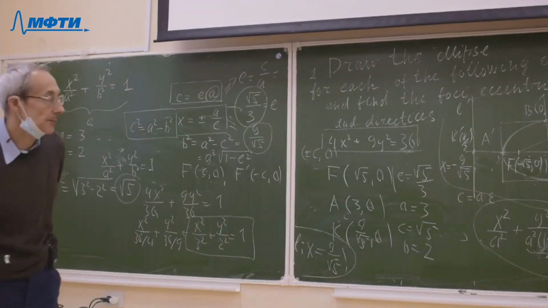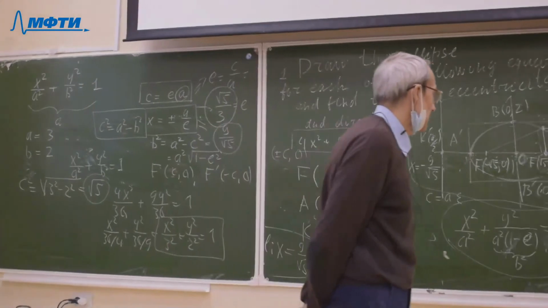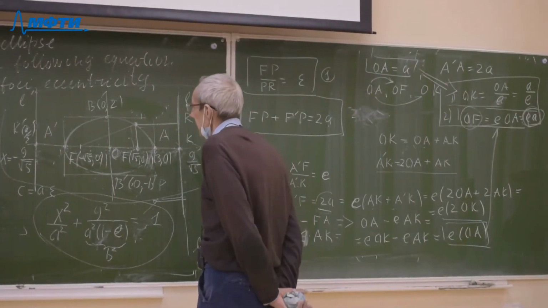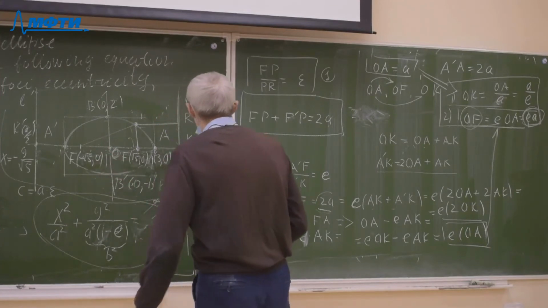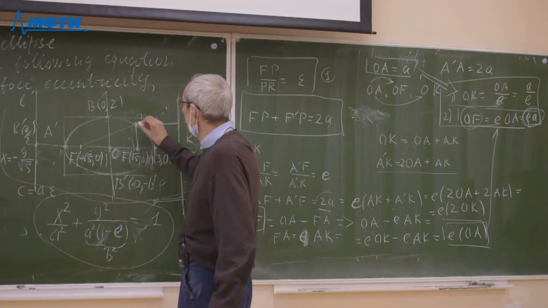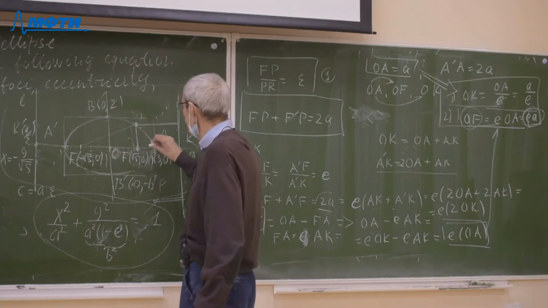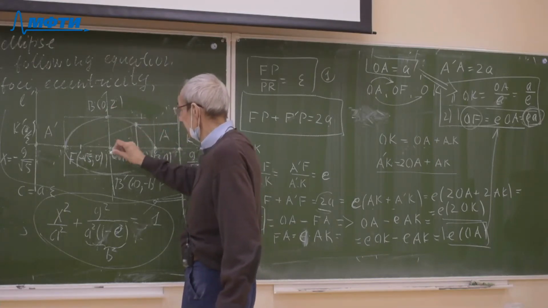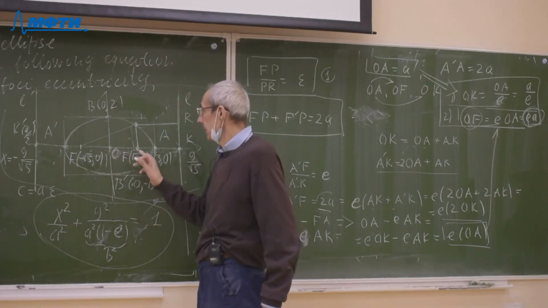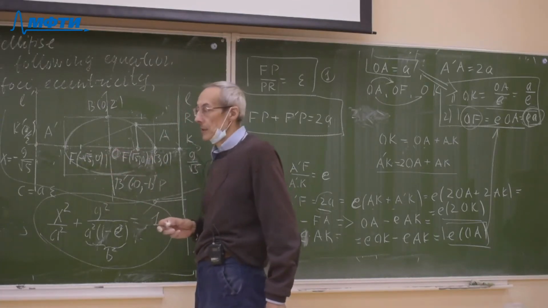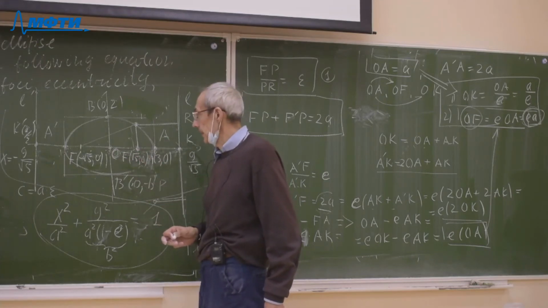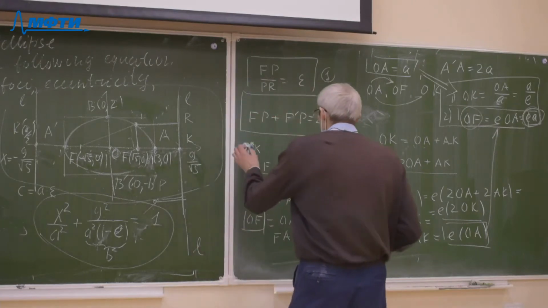We have also another definition for the ellipse, or a theorem for the ellipse. An ellipse can be defined as a geometrical locus of the moving point such that the sum of distances to the fixed points F and F prime is constant and is equal to twice a. This is another definition of the ellipse.